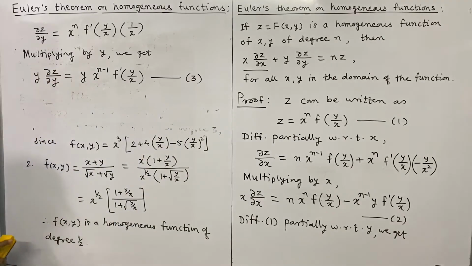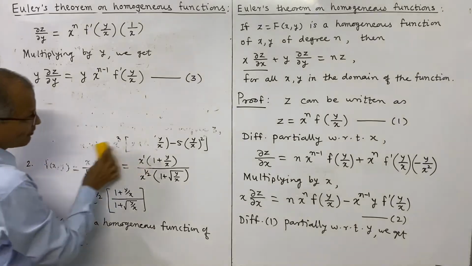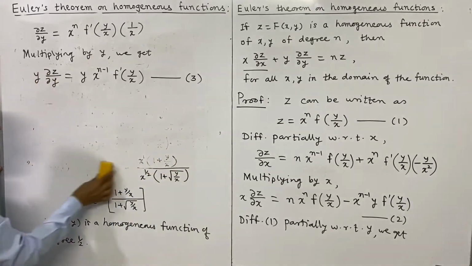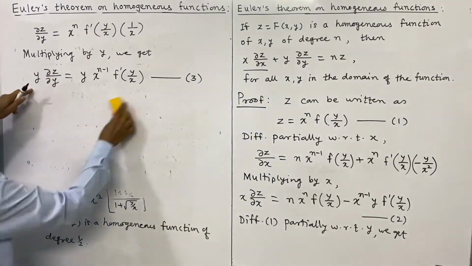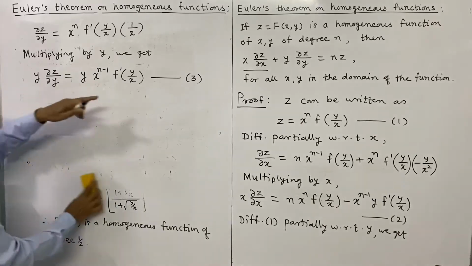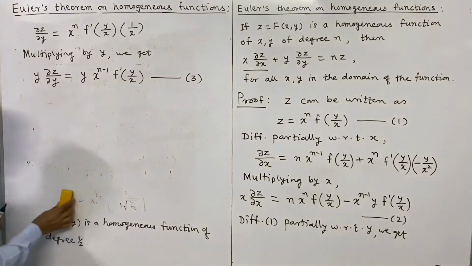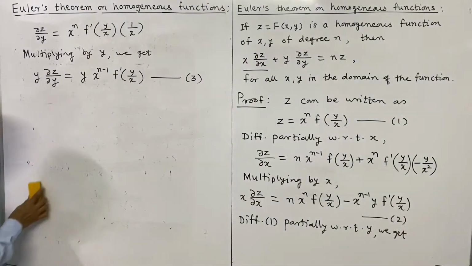Now to get the theorem's result, observe second and third. Second is here and this is third. So now to get the theorem statement, we shall add 2 and 3.